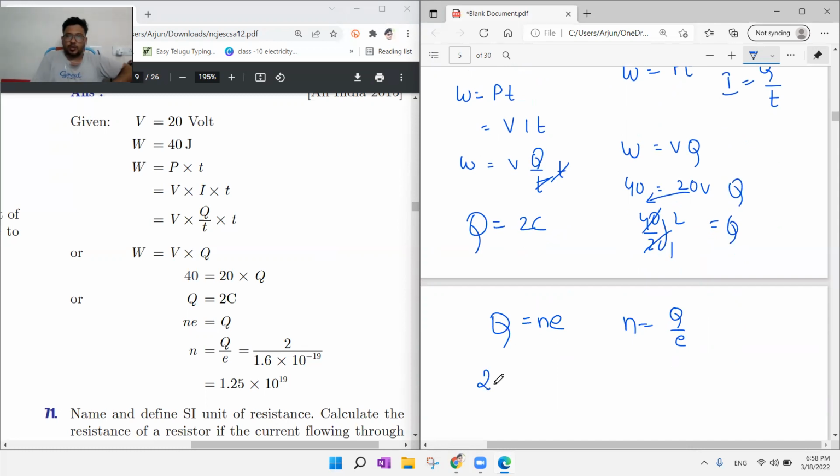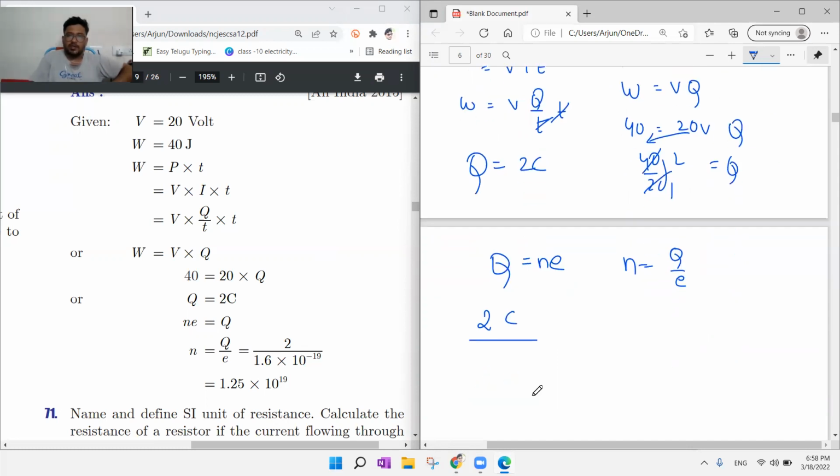Now Q value is 2 coulomb upon E value, the charge of electron, 1.6 into 10 to the power of minus 19 coulomb. Coulomb gets cancelled. We will get 2 by 1.6 multiplied with 10 to the power of minus 19. If it is going to numerator, it becomes 10 to the power of plus 19.